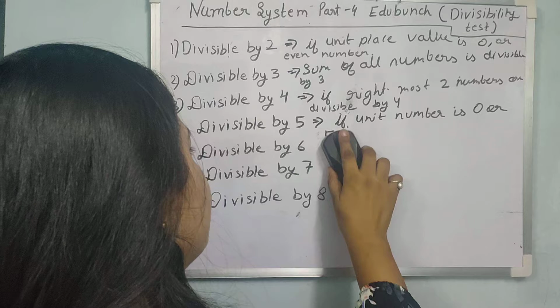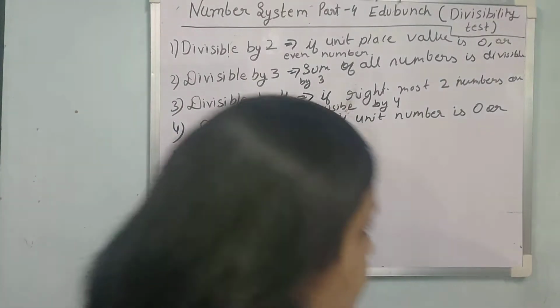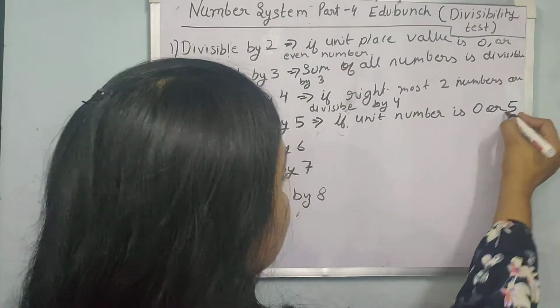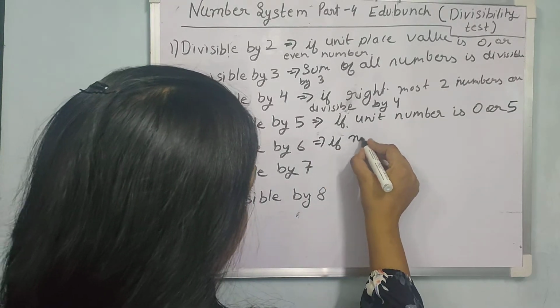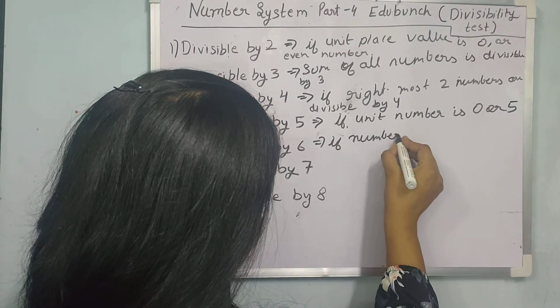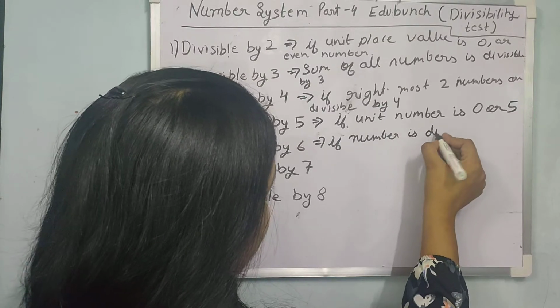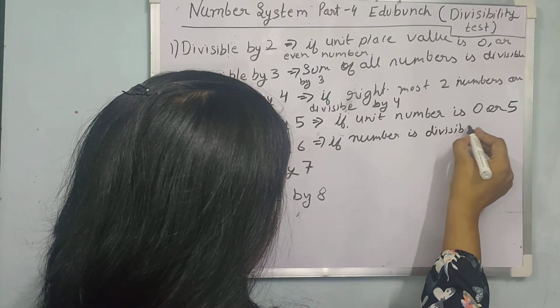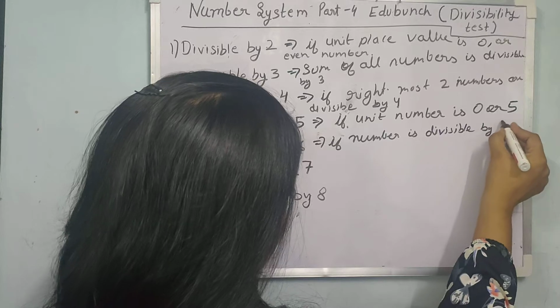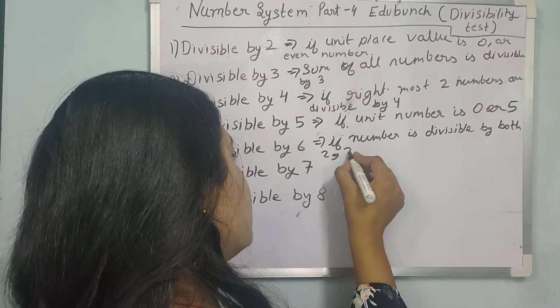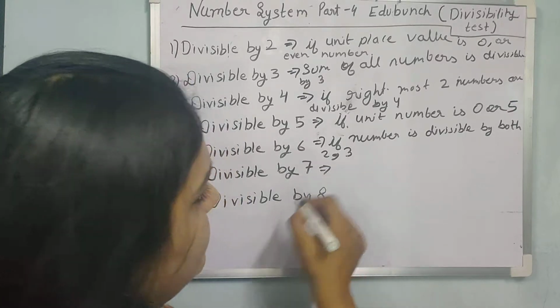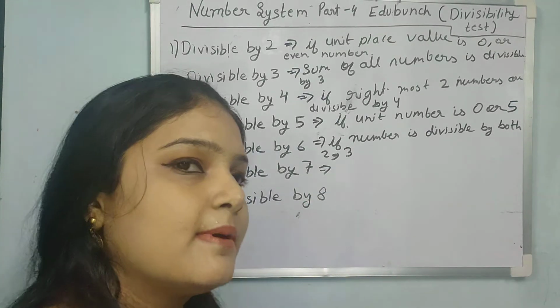Now divisibility test for 6. If a number is divisible by both 2 and 3, we can say the number is divisible by 6.